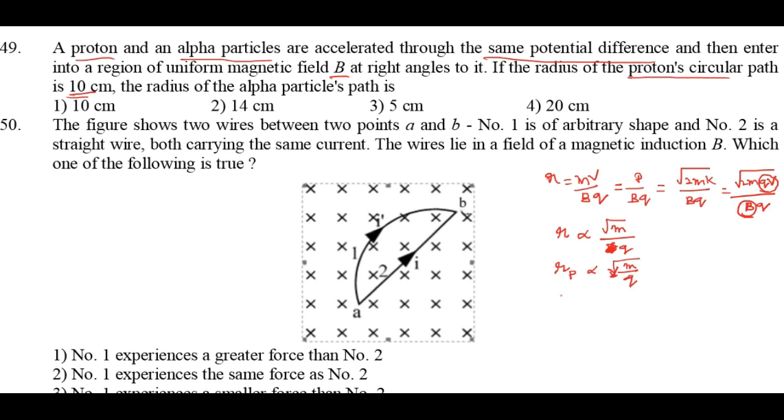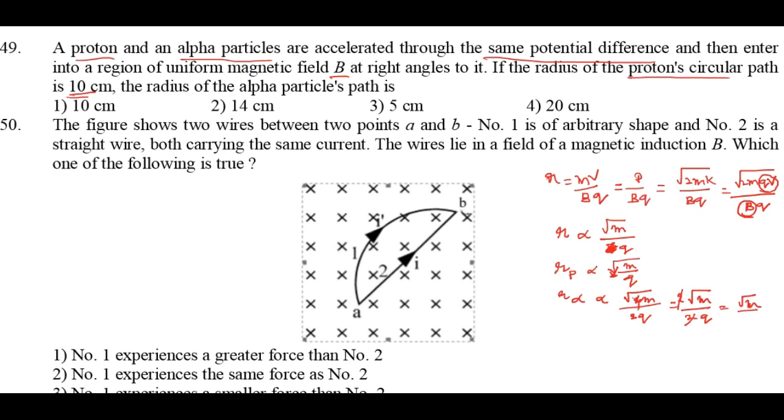Now the radius of the alpha particle is root of, since it has 2 protons, 4m by 2q, that is equal to root of 2m by q, so the 2s get cancelled.